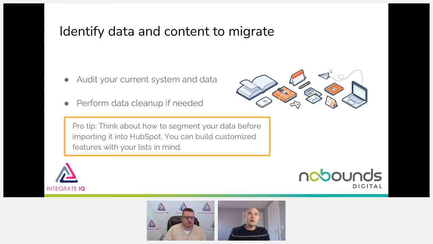So identify where your data lives, identify what data you need, and take a look at all your current systems to see if those are legacy systems that you're going to sunset in your migration to HubSpot, or whether you're looking at integrations with some of your current applications. You just need to get a lay of the land of where you stand with your data, your applications, your content. Todd, any other thoughts on your side here?